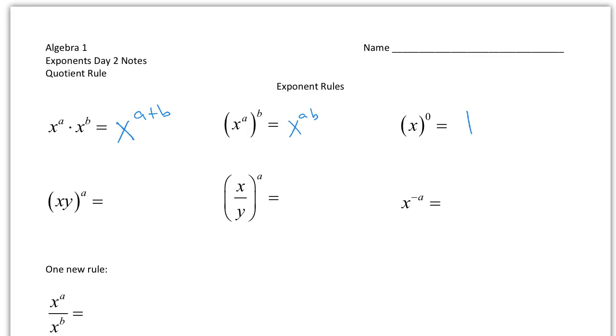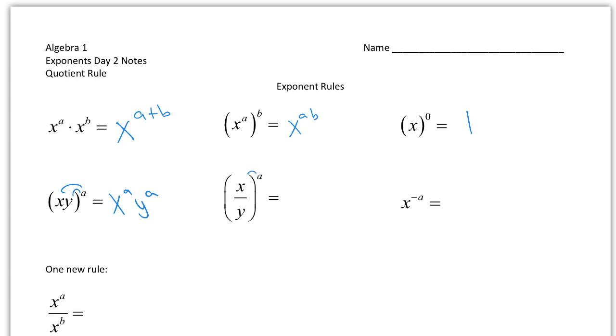Then we have this rule where it's x times y to the a power. So if you have a product and you raise that to a power, you hand out the exponent to each of those. So we have x to the a, y to the a. We give out the exponent to each factor in the product.